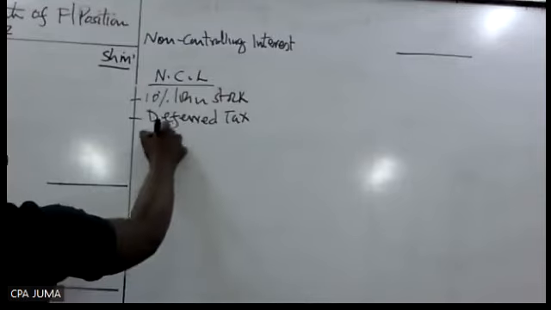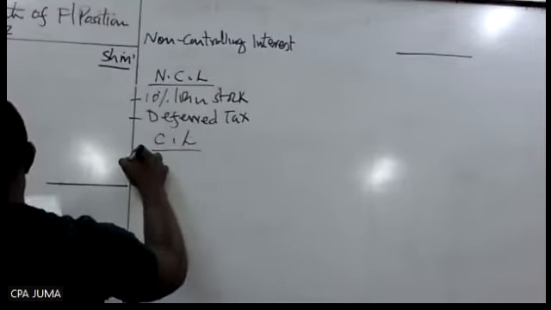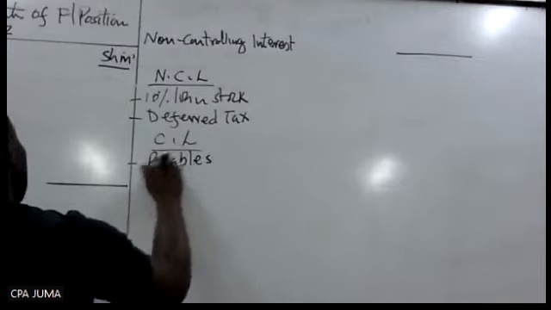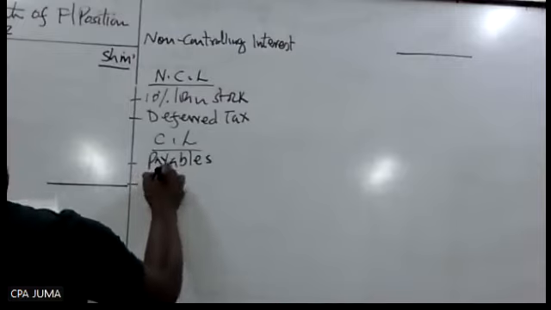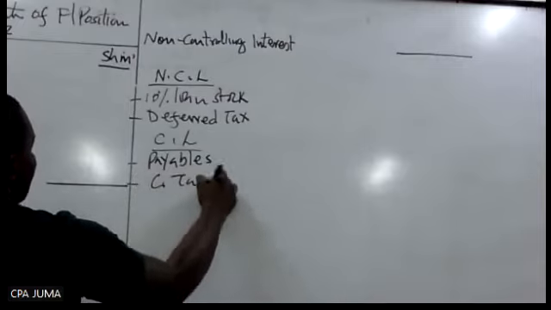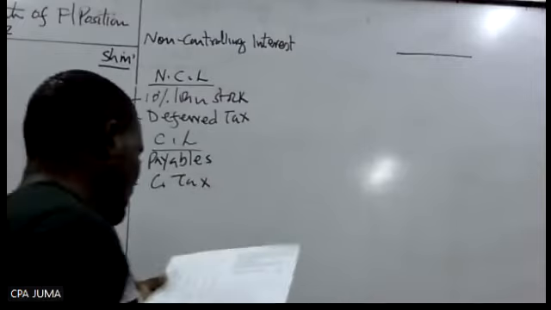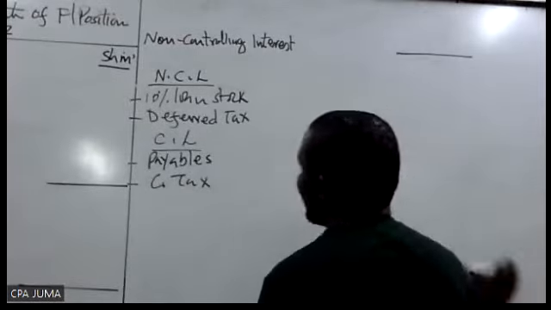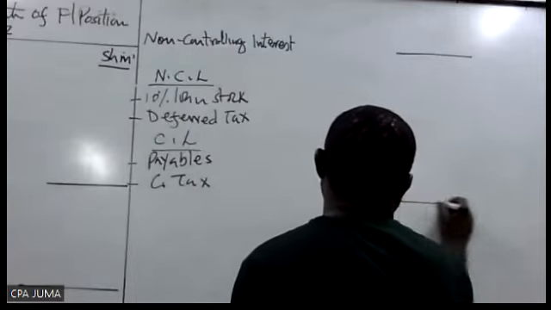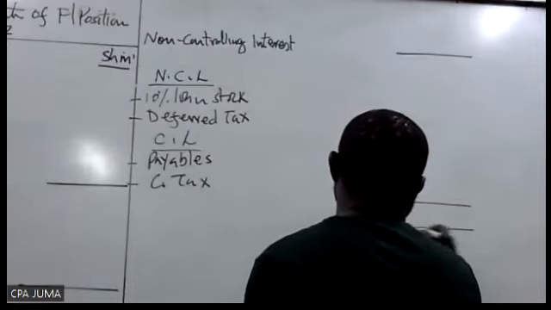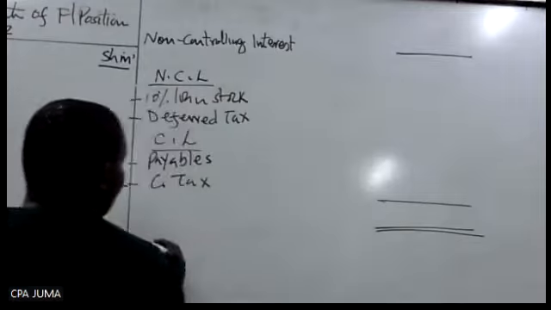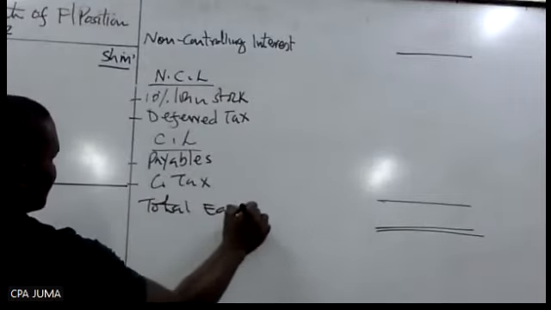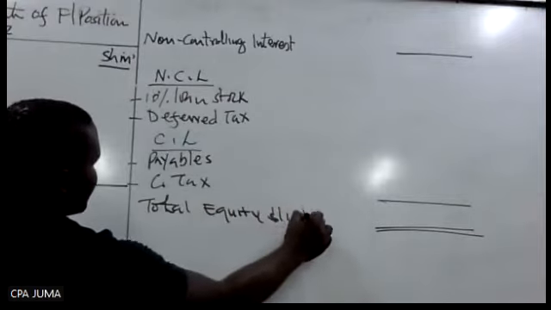Current liabilities, payables, then we have current tax. So total equity and liabilities.